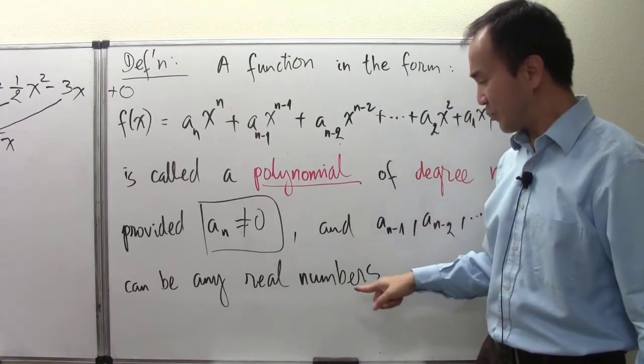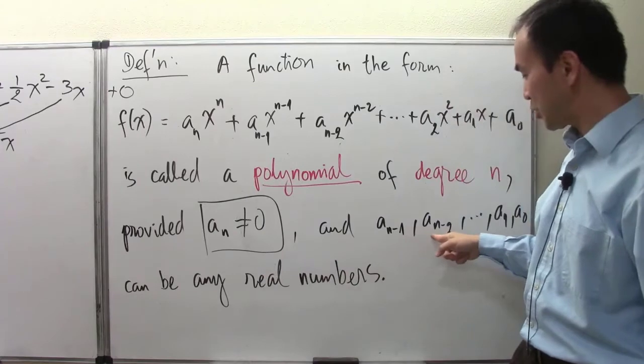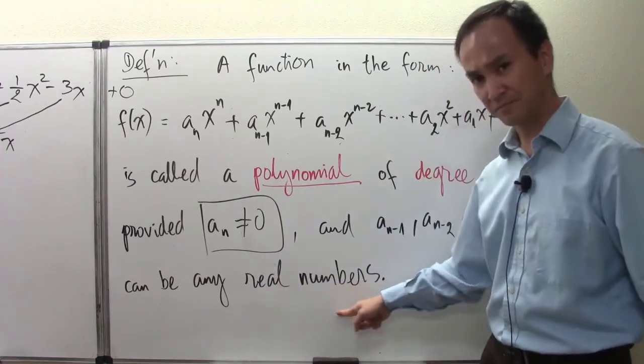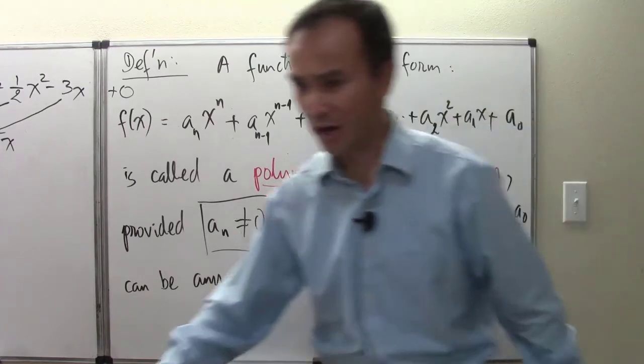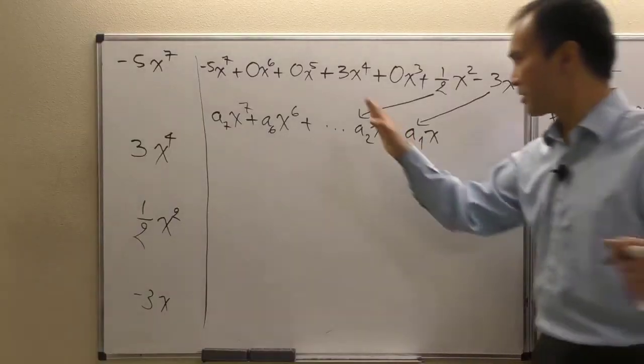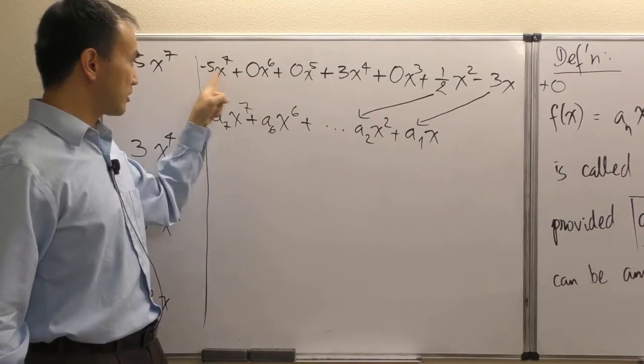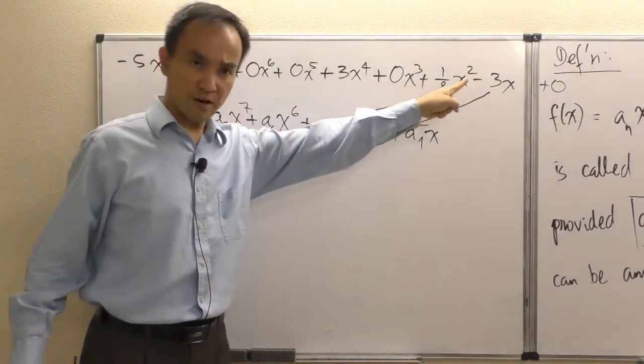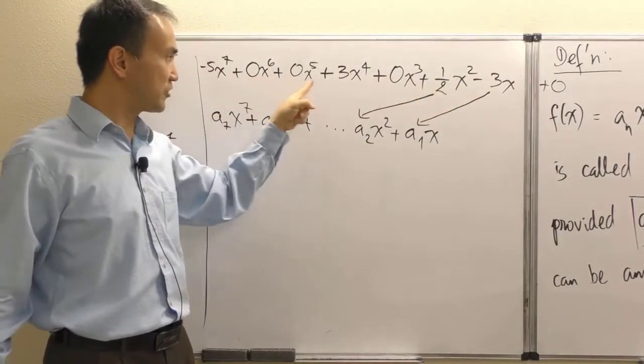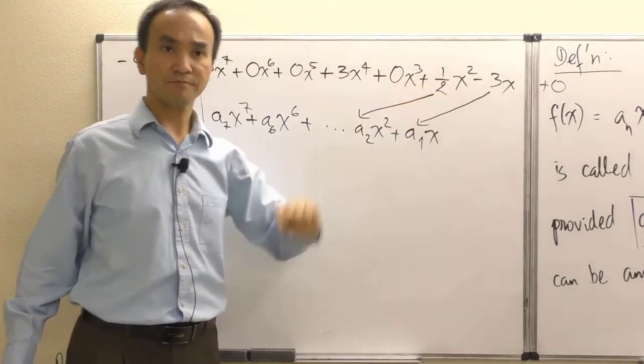And so, like I said, any of these coefficients can be any real numbers, including zeros. That's why in the way I wrote down the definition, these are coefficients being non-zero, but then there are coefficients being 0 too.